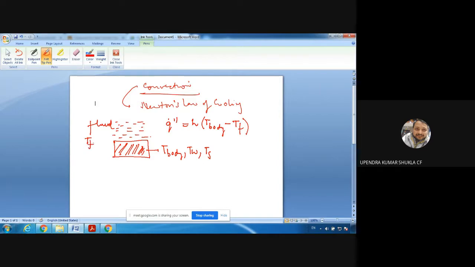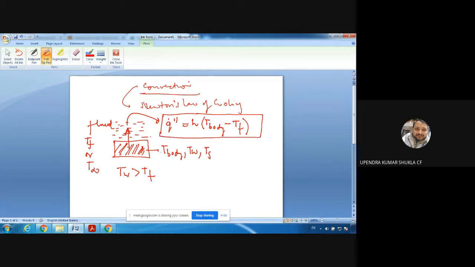Sometimes we call this fluid temperature TF, and in some books you will find it written as T infinity. If TW is greater than TF, then the heat transfer will take place in this direction, from higher temperature to lower temperature, and that heat transfer is given by Newton's law of cooling.